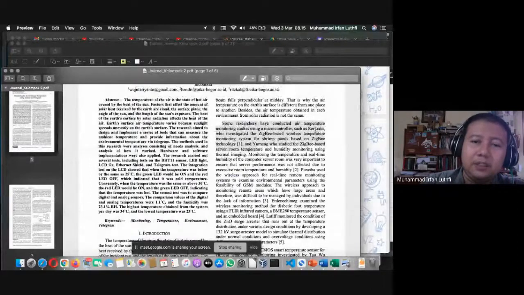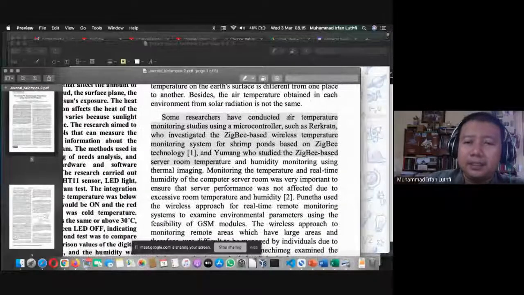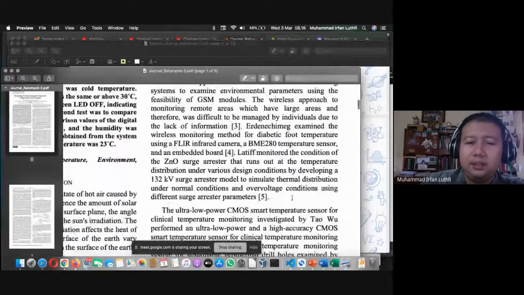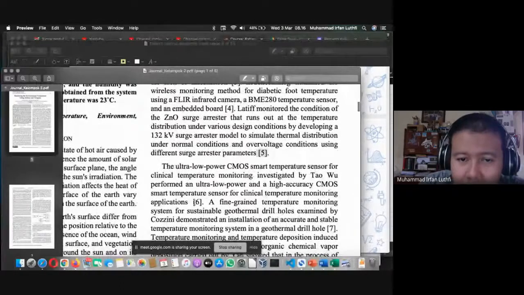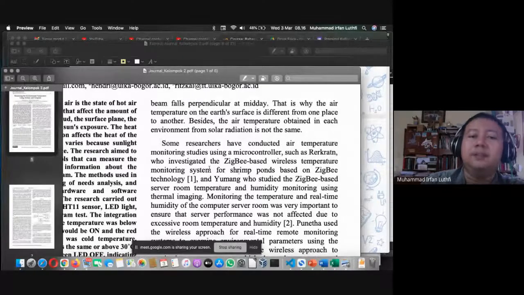"Some researchers have conducted a temperature monitoring study using a microcontroller." We can see here they already started the literature review from this point, because they start to give citations here and here, right? They put so many citations here, so we can conclude that they already started their literature review from here.